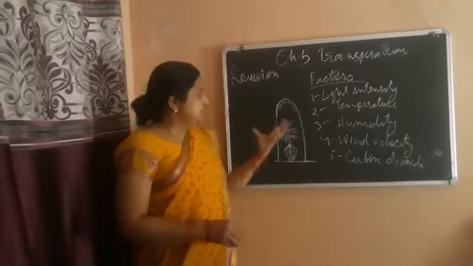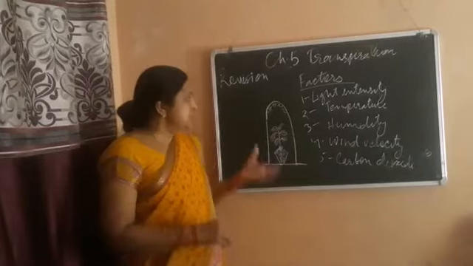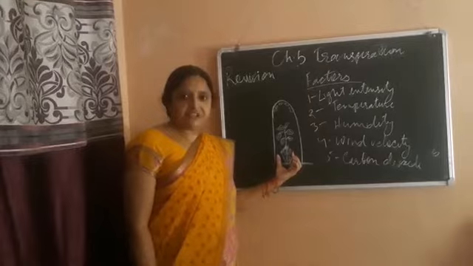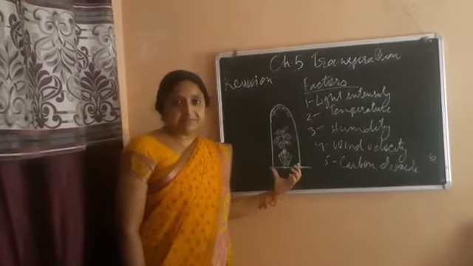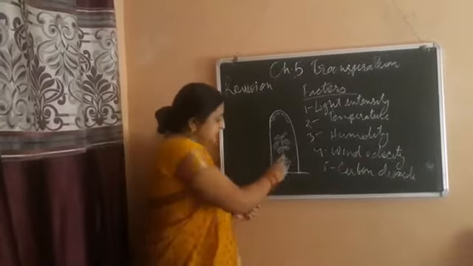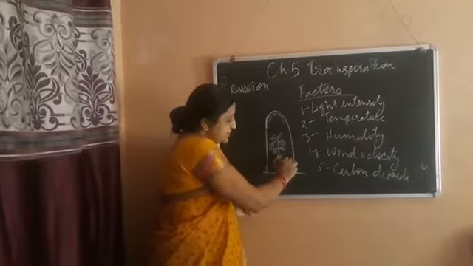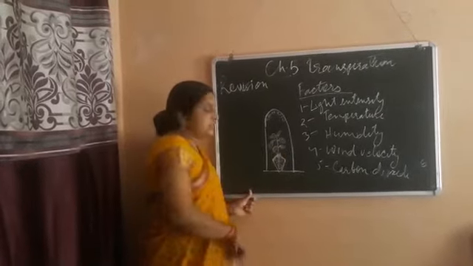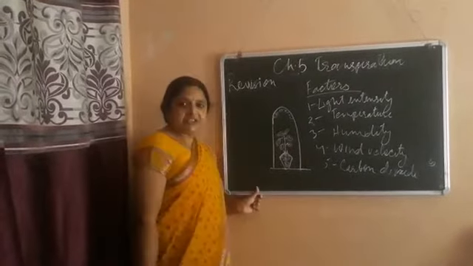Now, this practical mostly comes in the examination: a green potted plant is covered by the bell jar, and this pot is already covered by the polythene bag. So, the question comes, what process occurs? The process is transpiration.